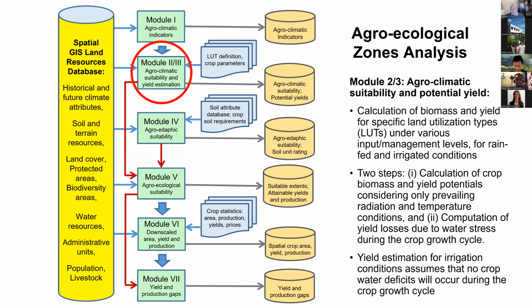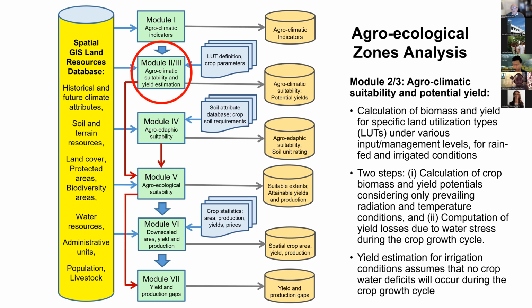With module 1 completed, we can go to module 2, the agroclimatic suitability and yield estimation. It is the calculation of biomass and yield for specific land utilization types. I mentioned already a land utilization type in the simplest case is a crop grown under a certain set of management assumptions.